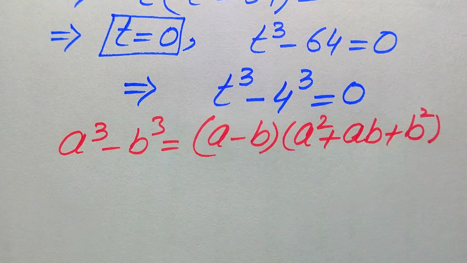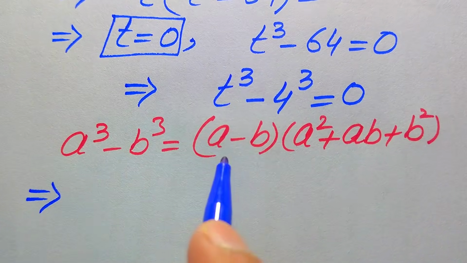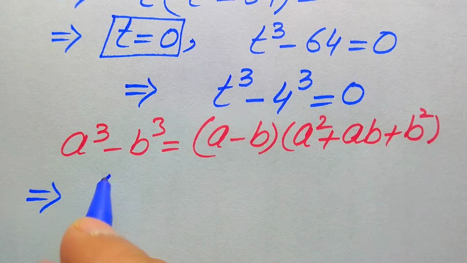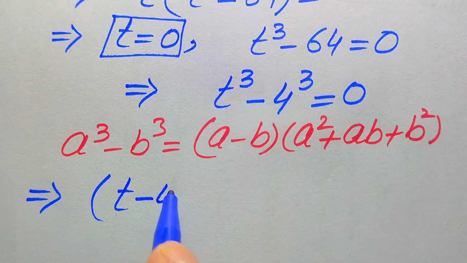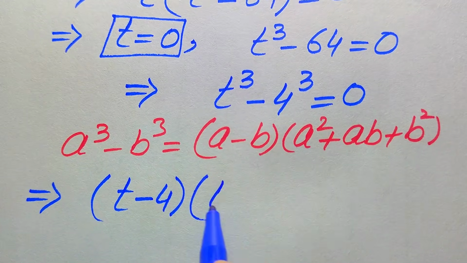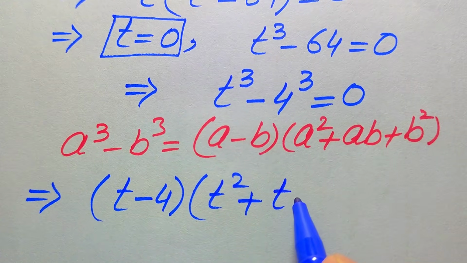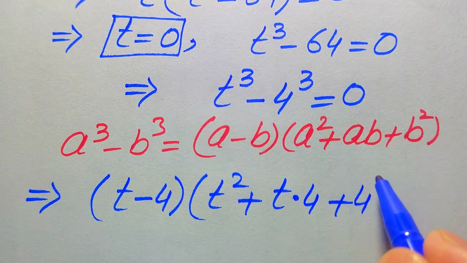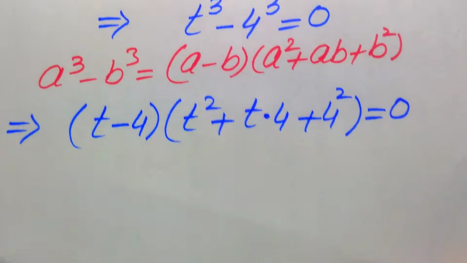So according to this rule, we apply the cubic formula on this equation, and after applying it, this will be written as, our first factor is a minus b, the value of a is t, minus, the value of b is 4, times a square, so here our a is t square, plus ab, here our a is t and b is 4, plus b square, so b is 4 square, and this whole equation is equal to 0.